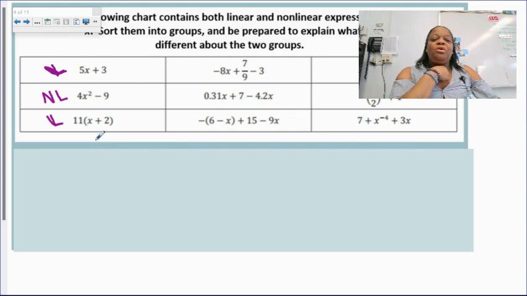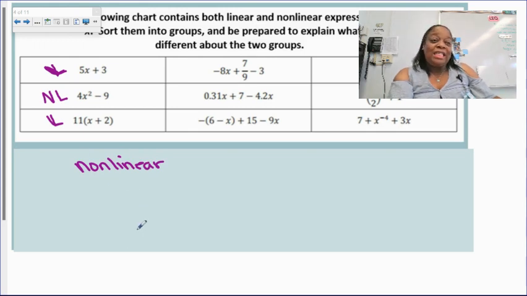What is different? What do you notice different? If you guessed an exponent on the variable, that is correct. So for it to be nonlinear, it's going to either have an exponent for x, or x is going to be in the denominator, when it's a fraction.